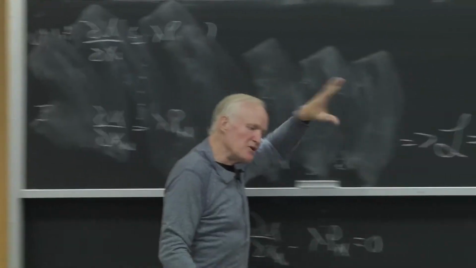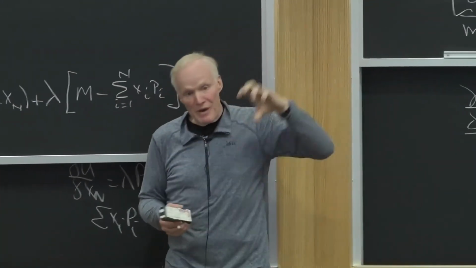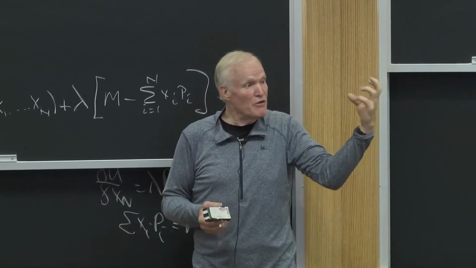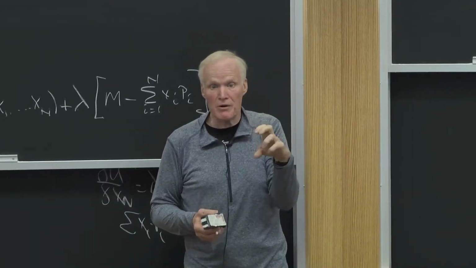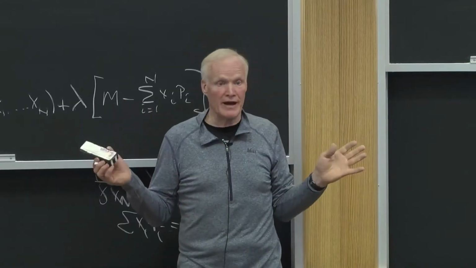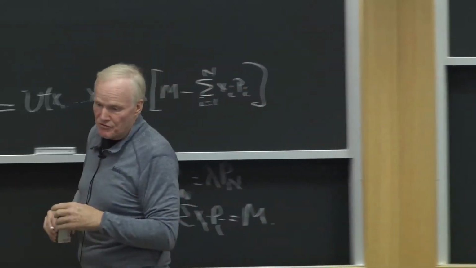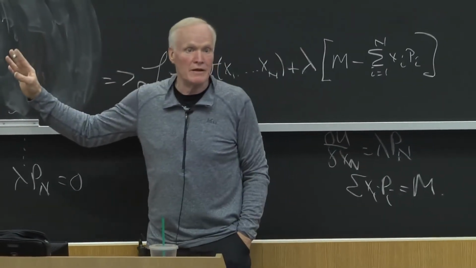So if we can measure the prices that people face, we can indirectly measure their marginal utilities, because we know their marginal utilities have to be proportional to their prices. And as economists, we use that all the time. Prices are very revealing about people's values precisely because people are optimizing.